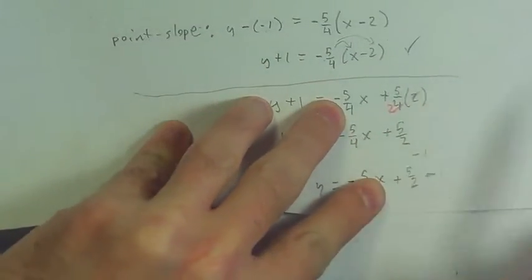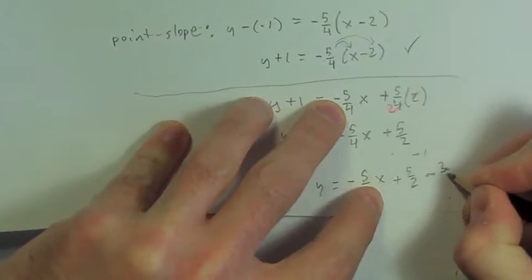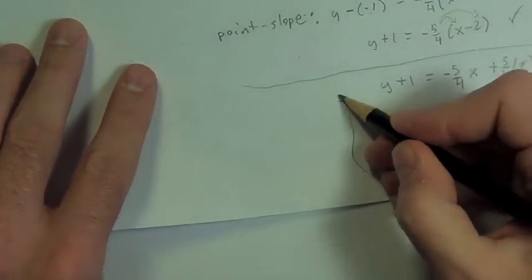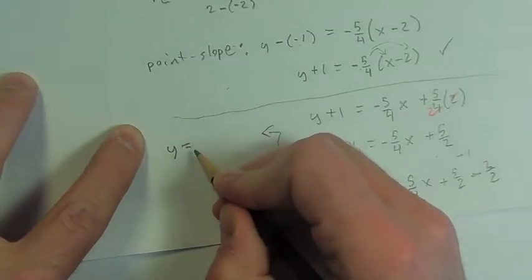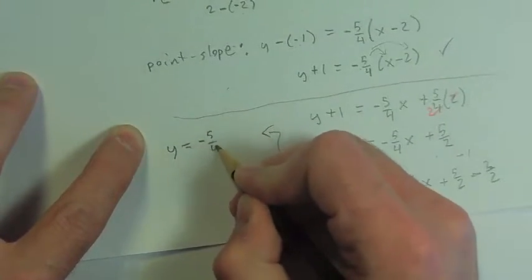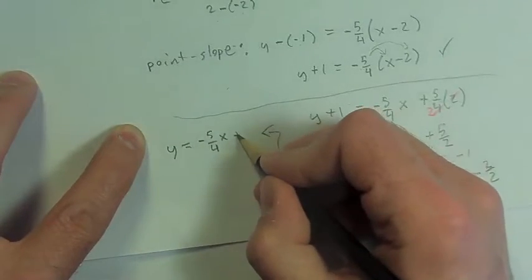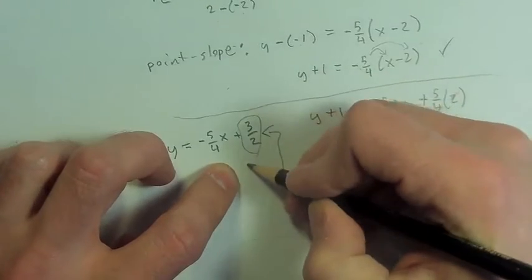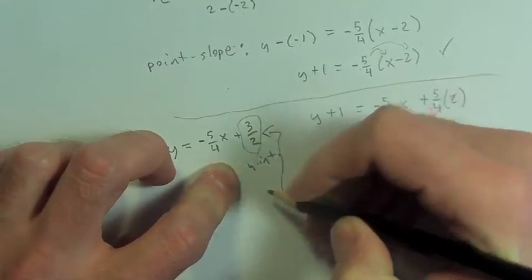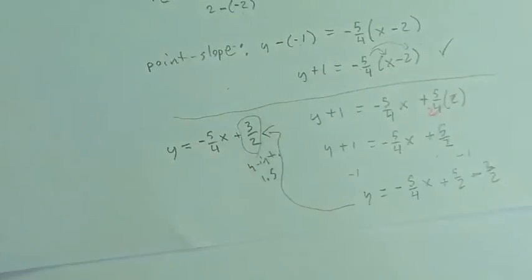So this will end up being 2/2. So at the end, I'm going to end up with y is equal to negative 5/4 x plus 3/2. Okay, so 3/2 is my y-intercept. It's also known as 1.5.